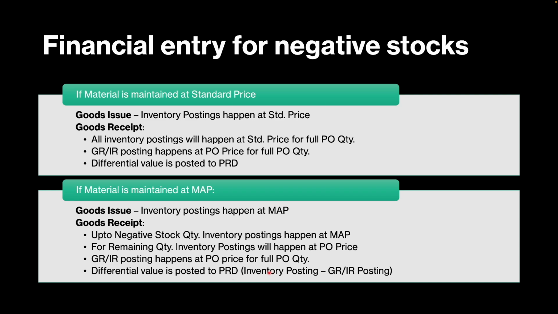So inventory posting minus GRIR posting will go to the price difference account. So for material at MAP which has negative stocks available in the system, when you do GR, you will find that the price difference account is also posted. This will happen because up to the negative stock quantity, the system will take value from the MAP, and for the remaining quantity, the system will take value from the purchase order.